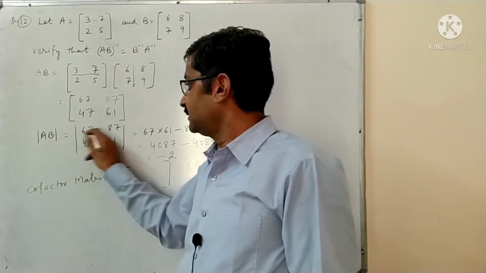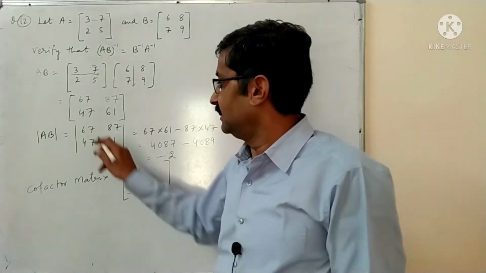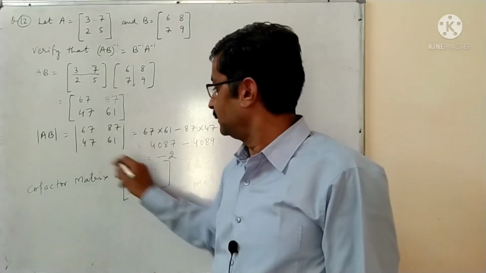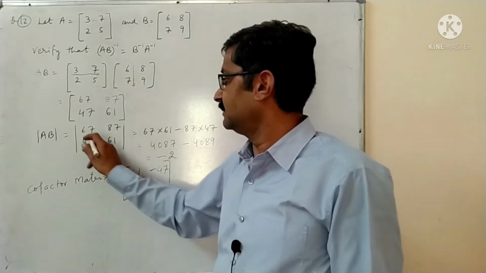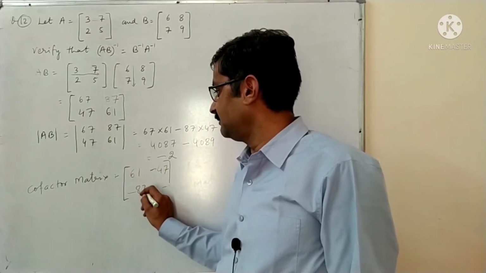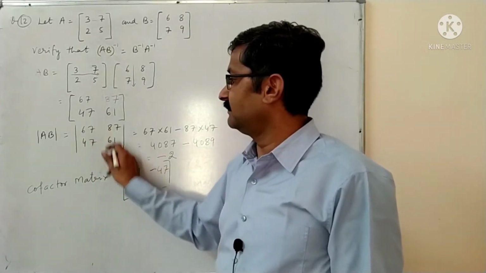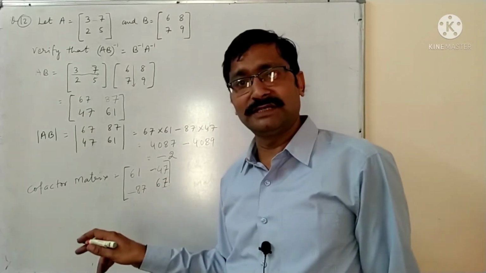So first row and first column you do not take, you get 61. So 61 you can write as it is. Then first row and second column you do not take, so we get 47, so minus 47 will be here. And then second row and first column you do not take, 87, so minus 87 will be here, and second row and second column you do not take, 67.